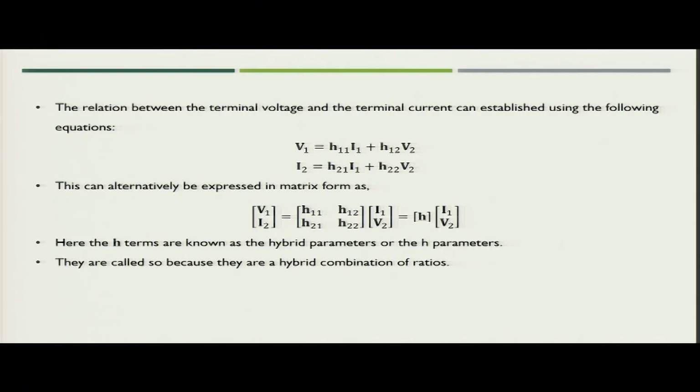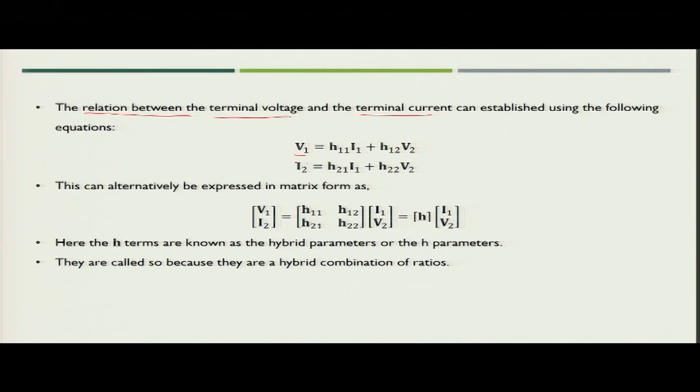Now, how will we define the relationships between the terminal voltages and the currents in case of H parameters? We will say that V1, the input port voltage, is related to the input port current and output port voltage as V1 = H11 I1 + H12 V2.